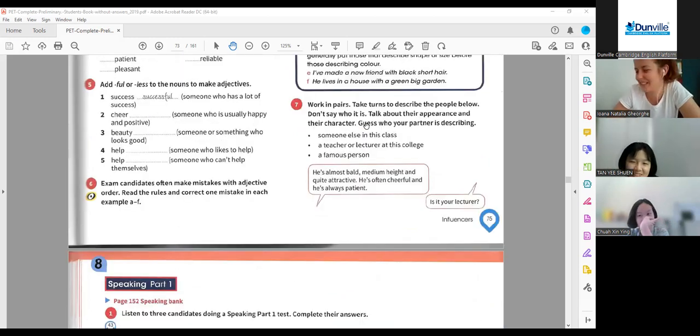I can't guess. You need to give us some easier clues. This is really hard. So he's an actor. Where's he from? American. He's an American actor.